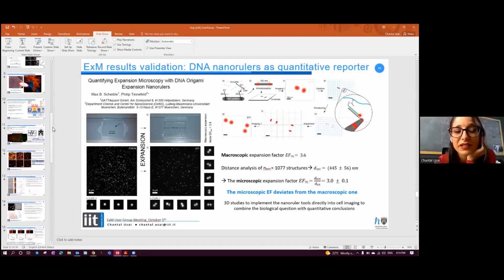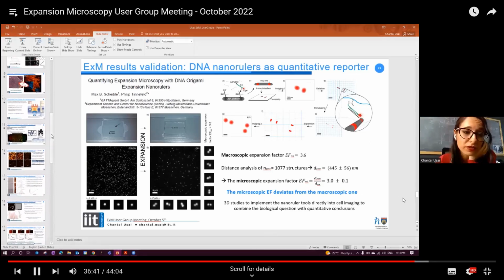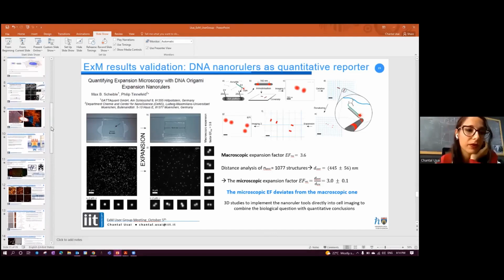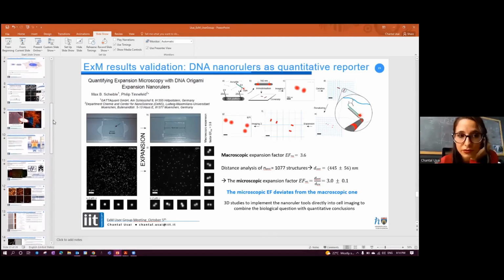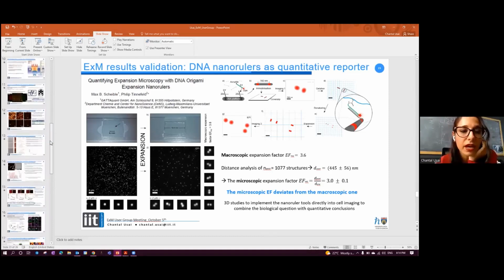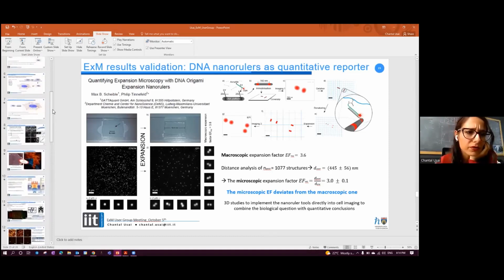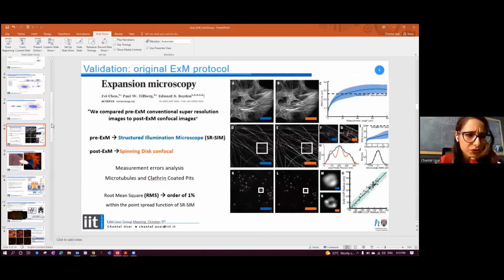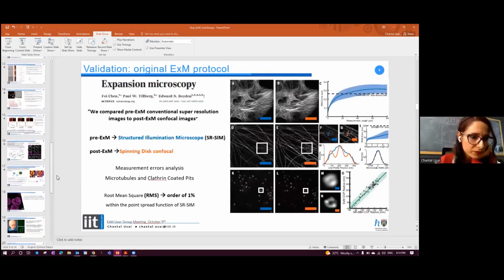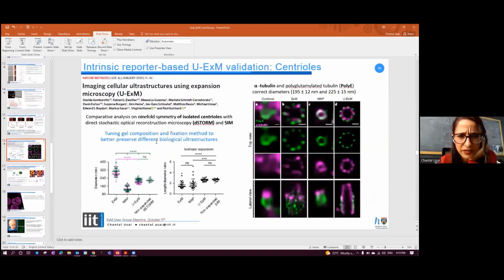Thank you. Yeah, this is something that I think about too. In some of these works, they use two references. So, for example, I didn't show it, but in the one they did in my lab, they also stained the cytoskeleton, and in the ultrastructure expansion microscopy protocol, they again use the clathrin pit to observe another reference structure.